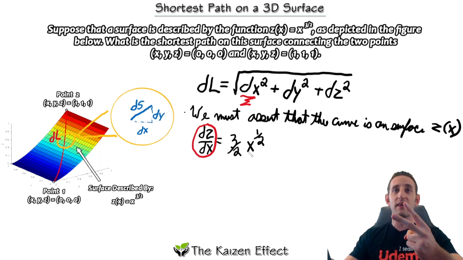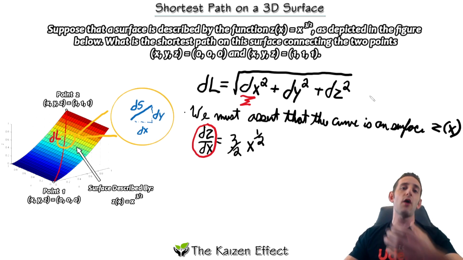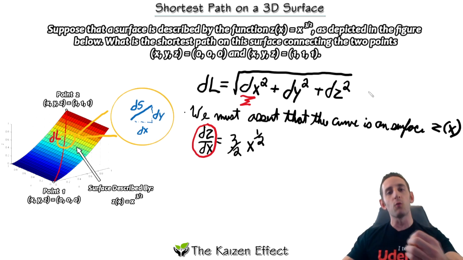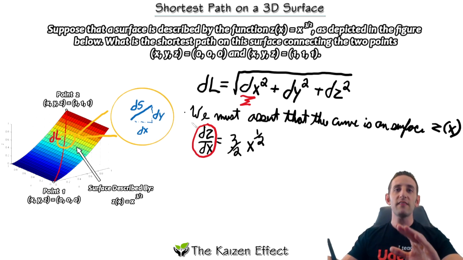Because this is a function of x. So that's just going to give us y, it's going to give us x, and we're going to have a dx out here. That's going to allow us to use the nice, beautiful framework that we spent so much time putting together, right? And then we can use our language of calculus of variations and chug forward in the problem, okay? So let's do just that.